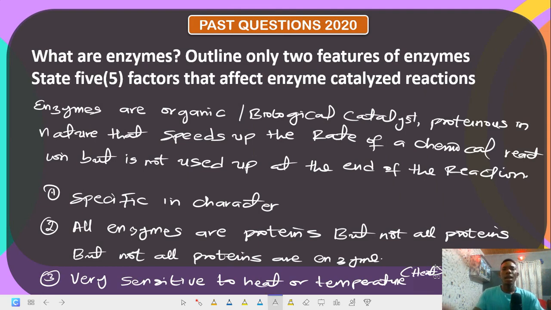We define enzymes as organic catalysts, proteins in nature, that speed up the rate of a chemical reaction but are not used up at the end of the reaction. They are specific in character. All enzymes are protein, but not all proteins are what? Enzymes. They are very sensitive to heat or temperature, so we can say that they are heat labile, or thermolabile. Something that is sensitive to heat is what? Thermolabile or heat labile. So that is that.